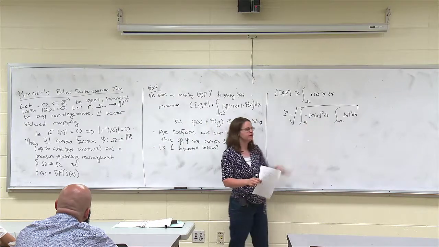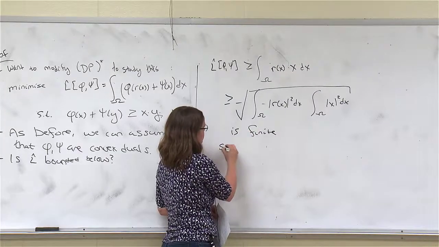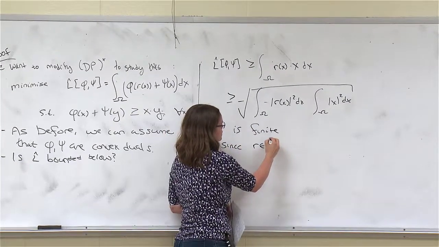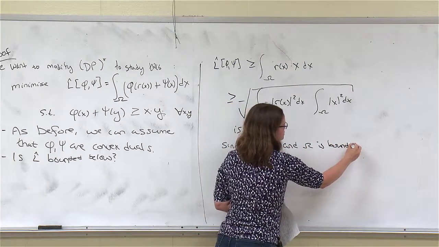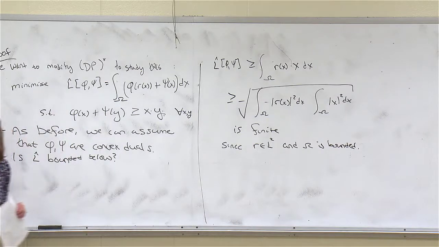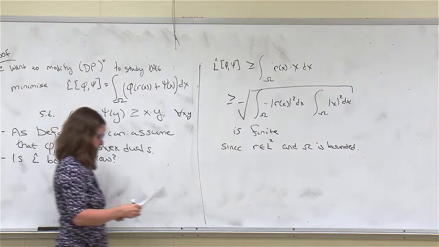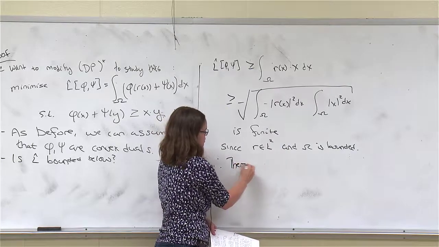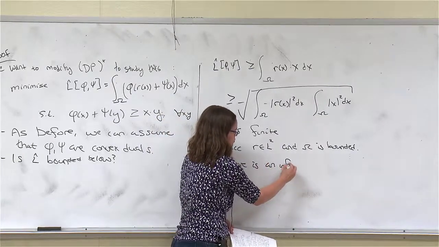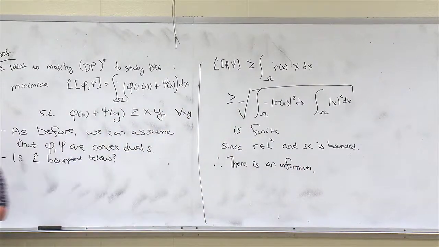So this integral is finite, since R is in L2 and omega is bounded. Okay, so right away we get there is a finite infimum. The infimum is well defined.